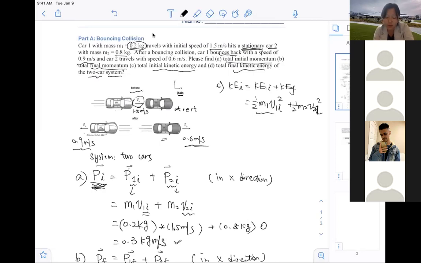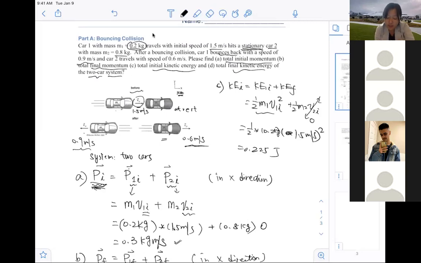It is a scalar, so I don't have to worry about the directions. It has no directions in terms of the energy. So plug in the numbers for the masses, 1.5, plug in the velocities, and then you can calculate this kinetic energy.